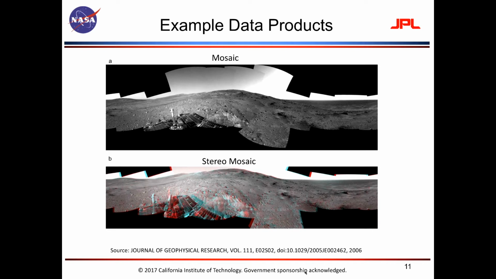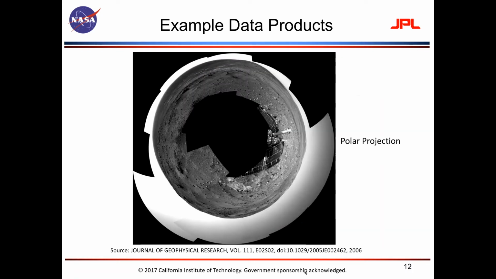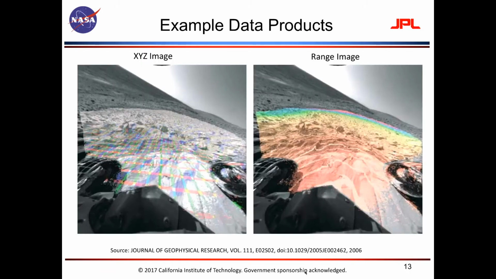We also do a lot of projections. This is a polar projection, which is simulating looking down from the top of the rover. We also will do things like XYZ images, where we can put grid lines onto the surface of Mars, indicating the spacing of the surface.